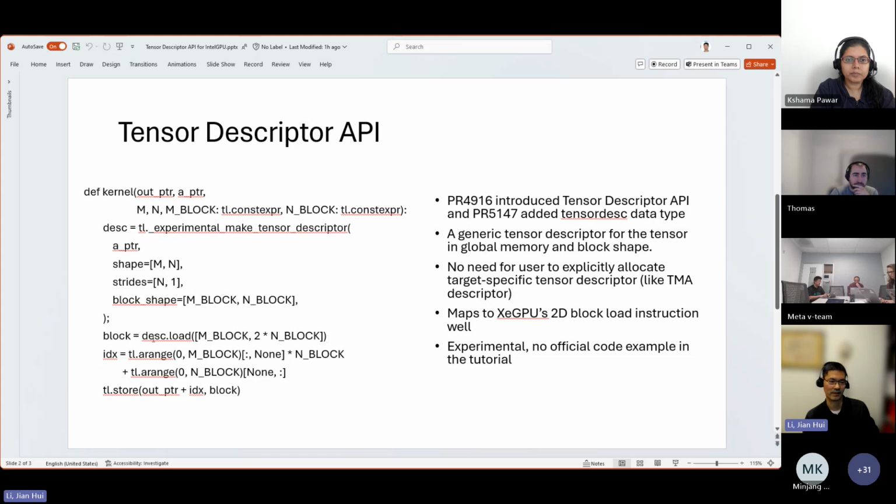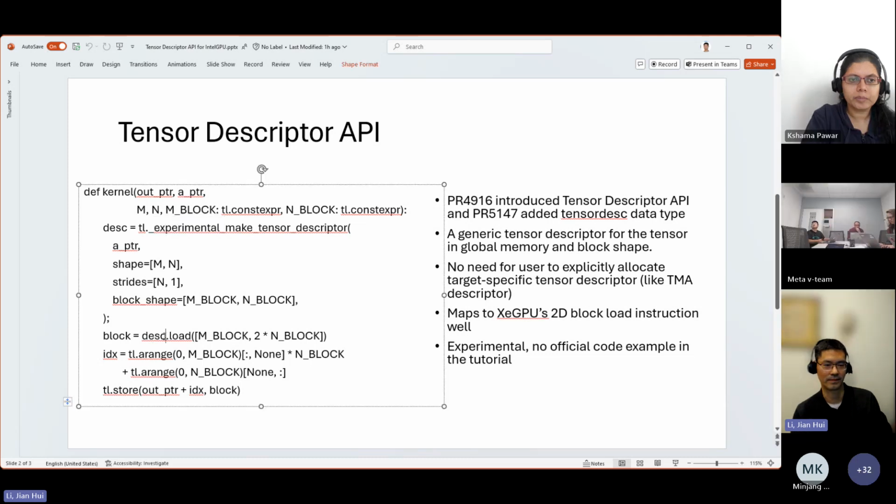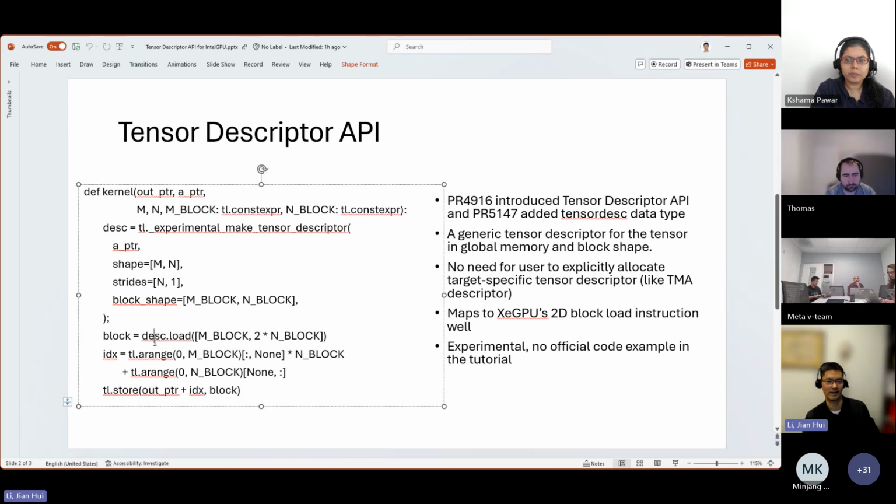One thing in particular: we believe this is still experimental, because we still see, for example, "experimental" here. Also, a little bit puzzling is that it is not the traditional Triton language style like tl.load. Instead, maybe it's something intermediate.